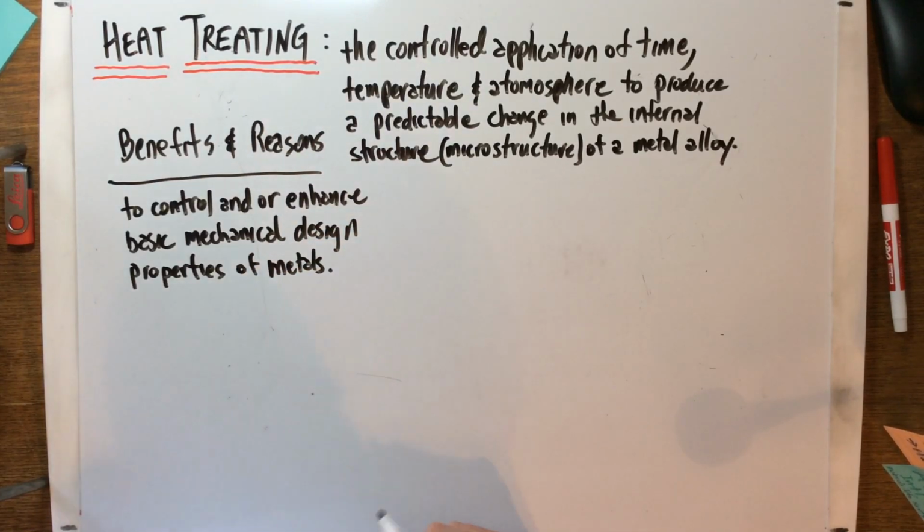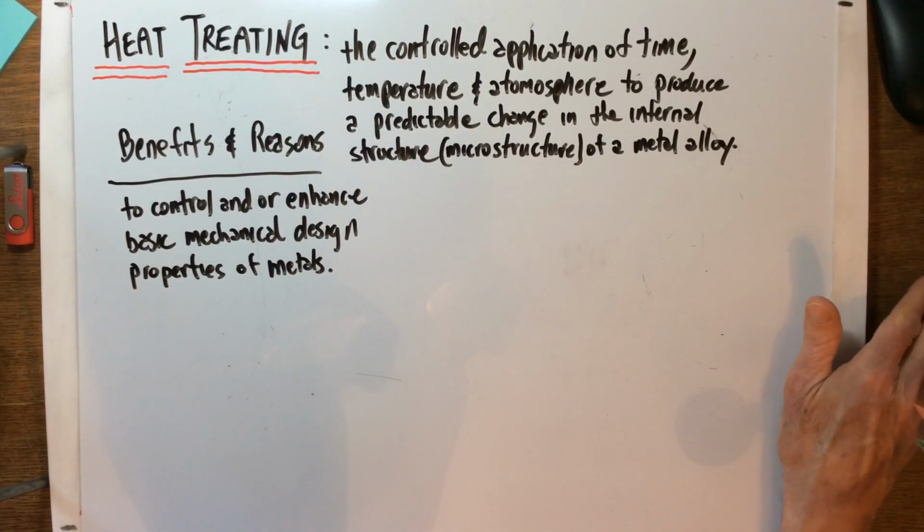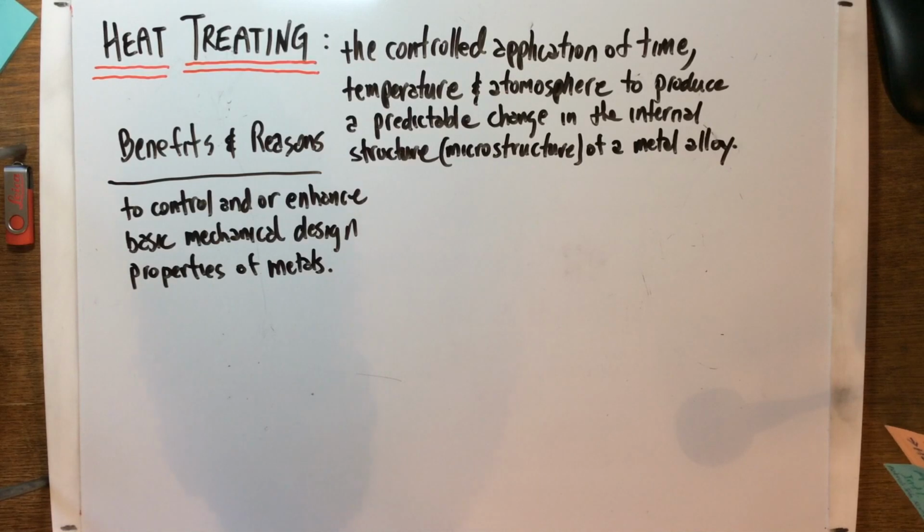All right, so the reason we do it is because standard plain carbon steels just have a limited role in what they can do with respect to design specifications on different critical components, structures, and parts.